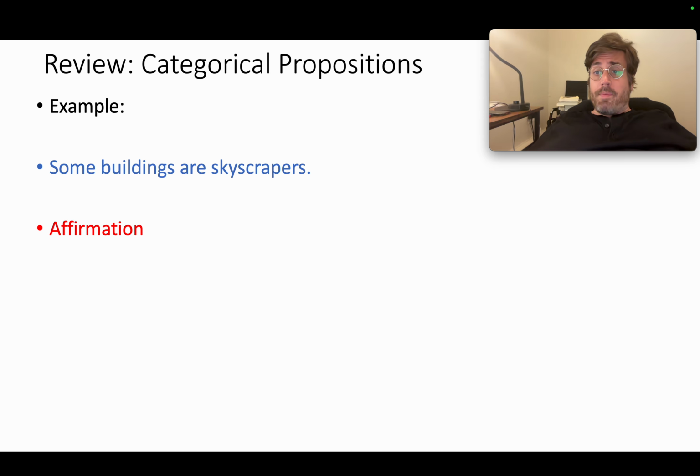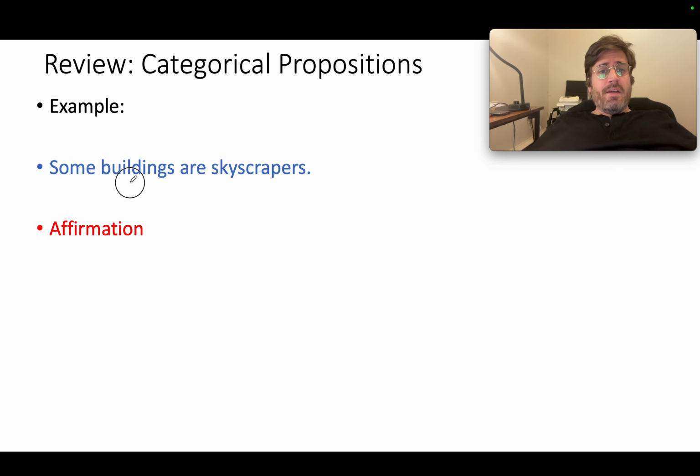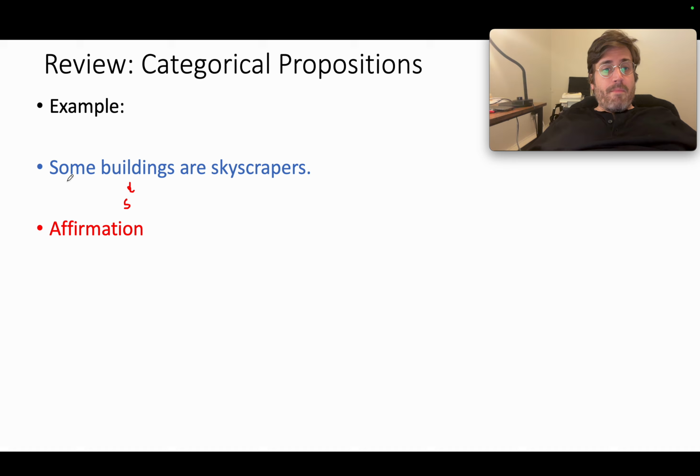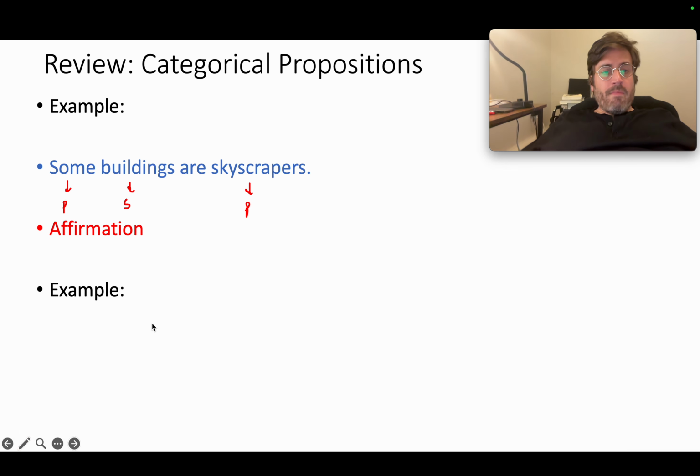This is our I proposition. This is a particular affirmative because our subject class buildings is coming with this indicator word some. So we know this is a particular. And we have our predicate group over here. So this is affirmative, separated by the copula are.